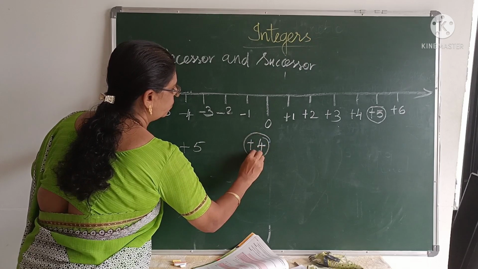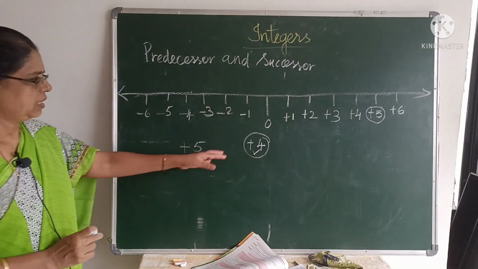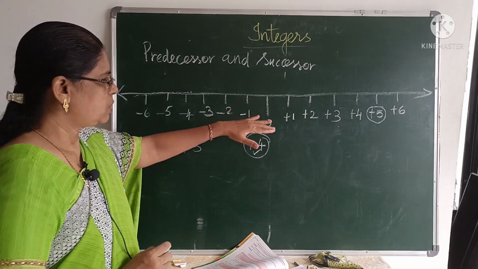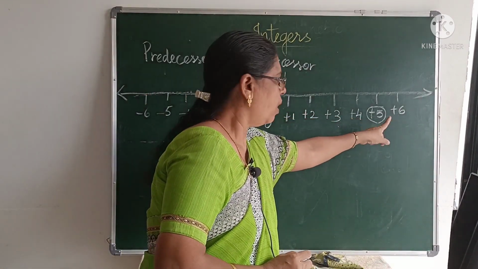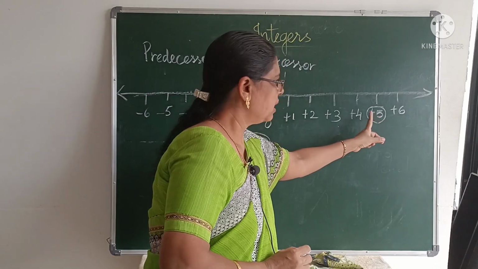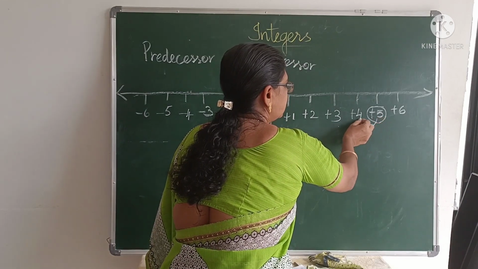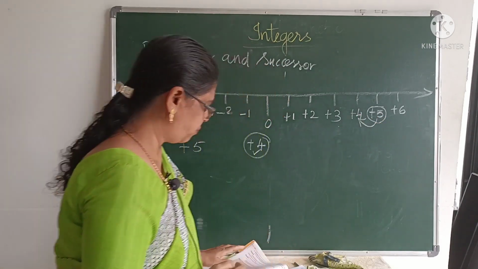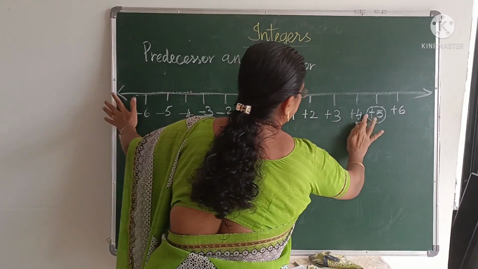So plus 4 is the predecessor of plus 5. On the number line, to find out the predecessor of any given integer, always look to the left of it. So which is just left of plus 5? It is plus 4.